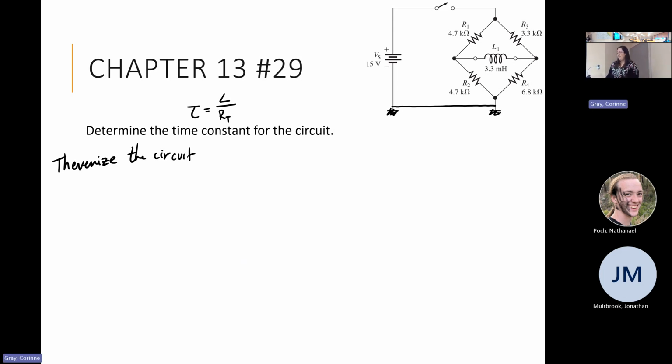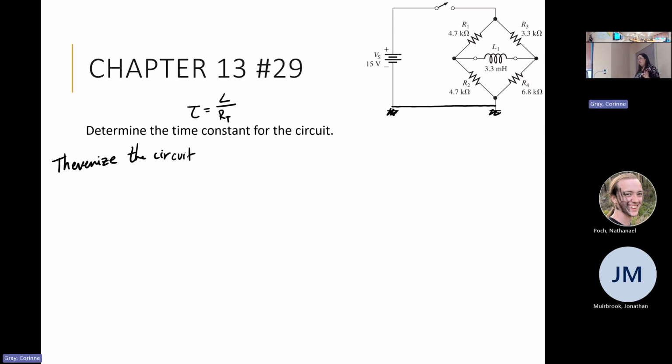I think we did it in our lecture with Thevenin's stuff, whatever lecture that happened to be, but you can go through it. It is one of the main ways that people like to utilize it. So what we need to do here is going to be different because now we have an inductor in here.